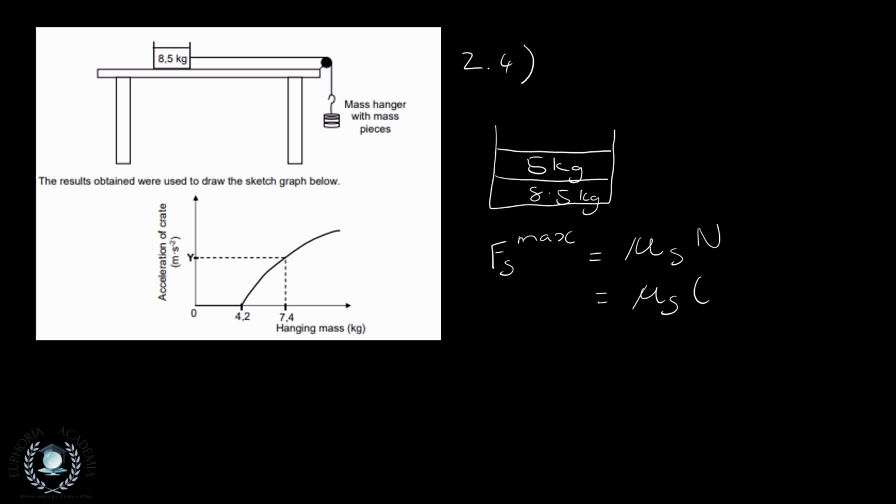So now we have 8.5 and the 5 kilograms, so that's going to be 13.5 multiplied by 9.8, and without doing much, if the coefficient of static friction stays the same, you can see that this will yield a higher number. So essentially the maximum frictional force will increase, so this will go up. So that's our answer: it increases.